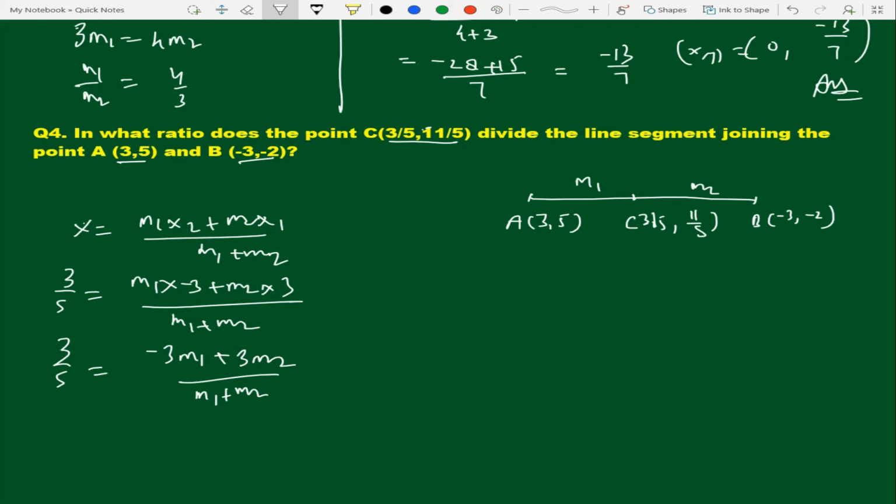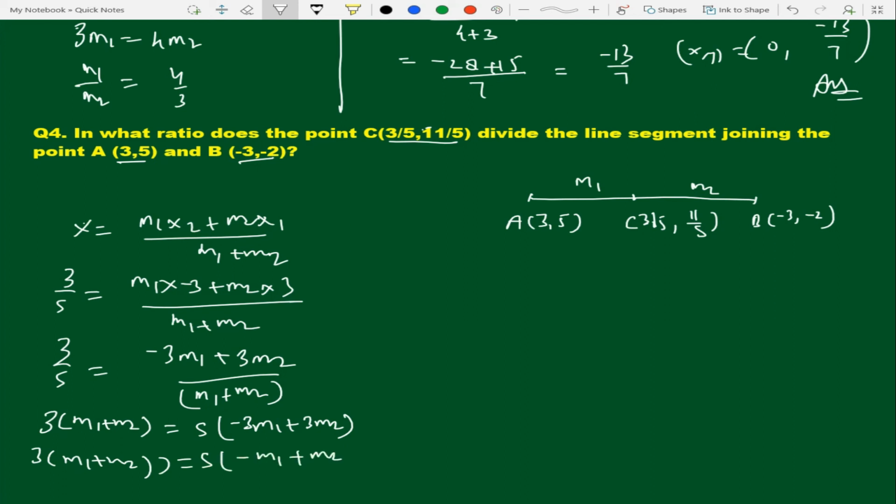Now, cross multiplication, then you will get 3 times (m1 plus m2) equal to 5 times (minus 3m1 plus 3m2). So m1 plus m2 equal to 5 times (minus m1 plus m2), taking 3 as common. Now 3 cancels.